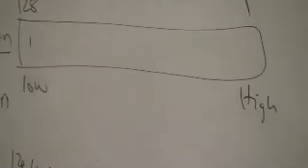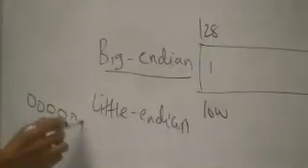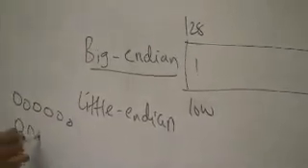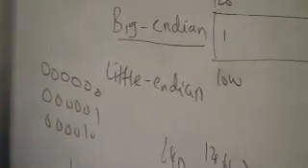Yes? What do you mean by high memory end and low memory end? As I said, memory addresses are linearly ordered. If your memory address is like a 32-bit address, you can start with this and then you can say this is my first memory address, second memory address, third memory address and so on. So you can linearly order.